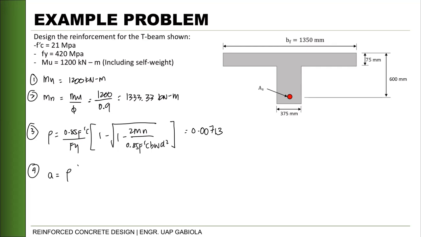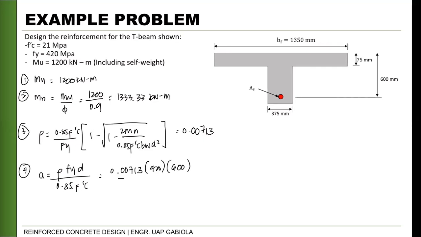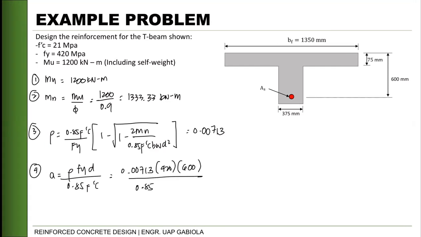So next is our A: rho Fy D over 0.85 F prime C. That is 0.00713 times 420 times 600 over 0.85 times 21.